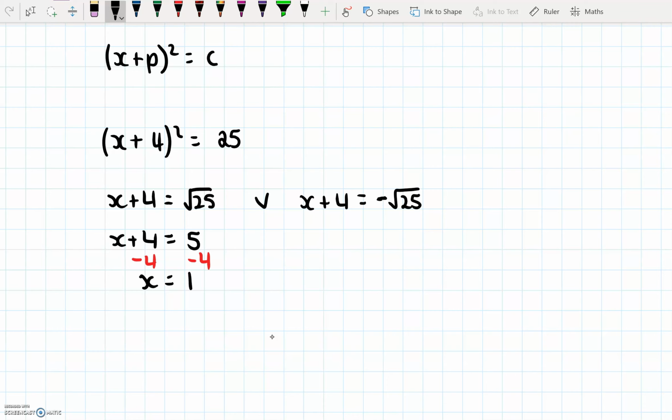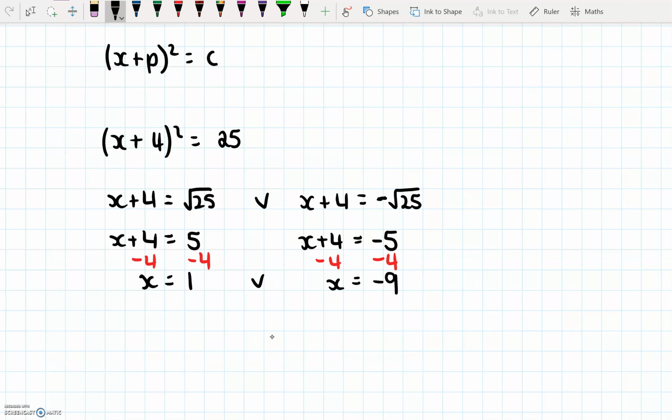On this side we have x plus 4 equals negative 5, and again we're going to minus 4 from both sides, and we get x is equal to minus 9. So we have our answer: x is equal to 1 or x is equal to minus 9.